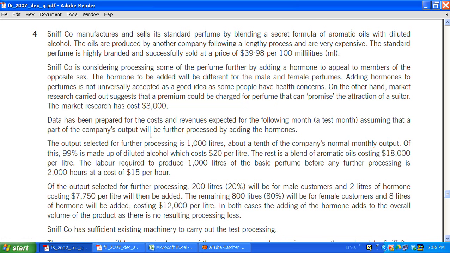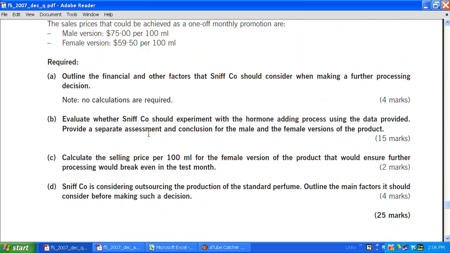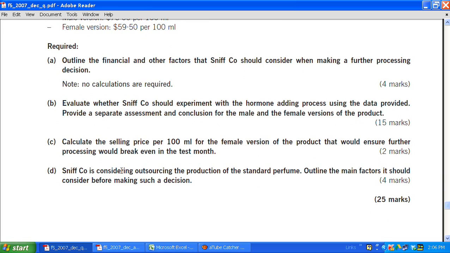So let's look at the question. Once again, you should start with the requirement. As you can see on your screen, there are 4 parts of the question. We're going to concentrate on part B right here. We're trying to evaluate whether Sniff Co should experiment with the hormone adding process.